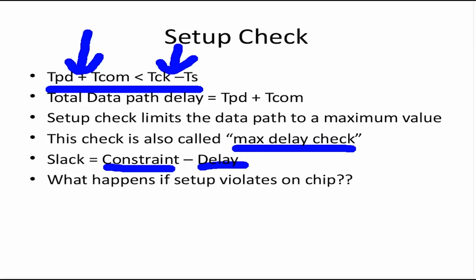So I program it for 900 MHz and see if it works. If the setup violates, by increasing the value of TCK, at some point it might start to meet. So even if the setup violates in STA, when the chip is fabricated, the chip might work at a lower frequency because setup is clock frequency dependent, right?